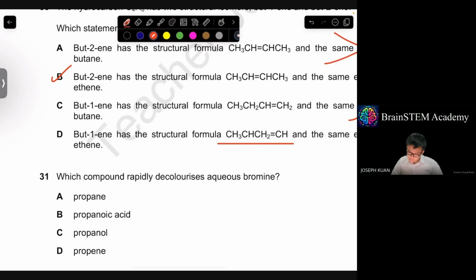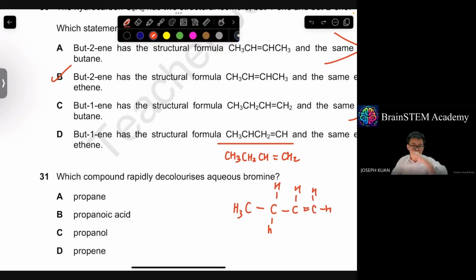It shouldn't look like that. But-1-ene should look like CH3, CH2, CH double bond CH2. The formula is wrong for D.